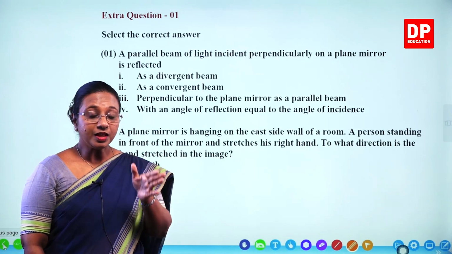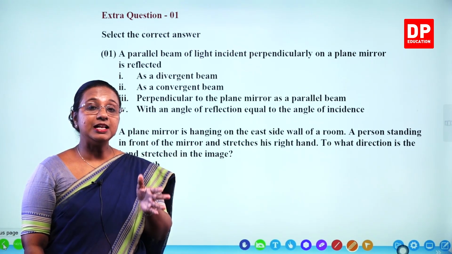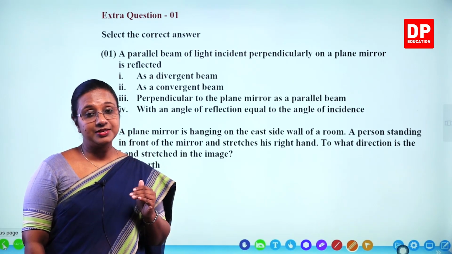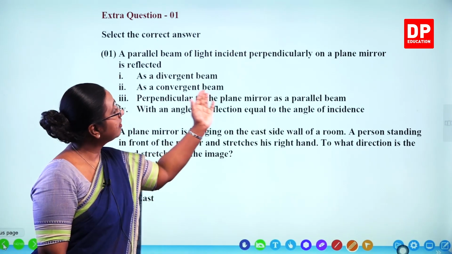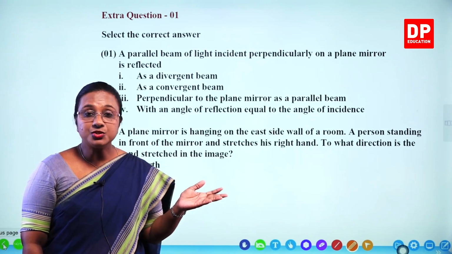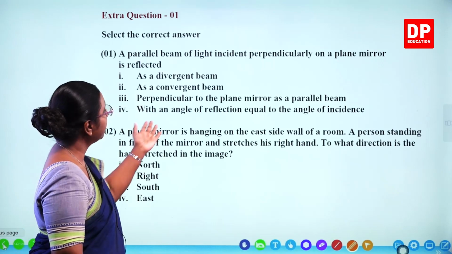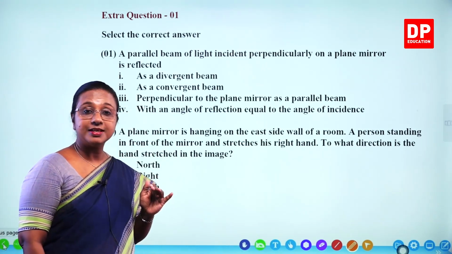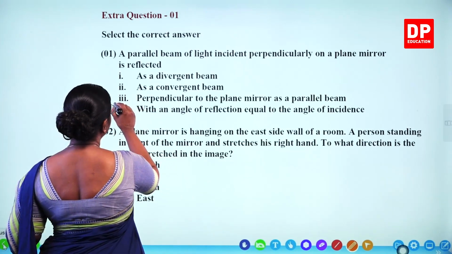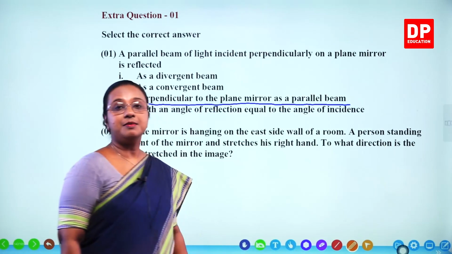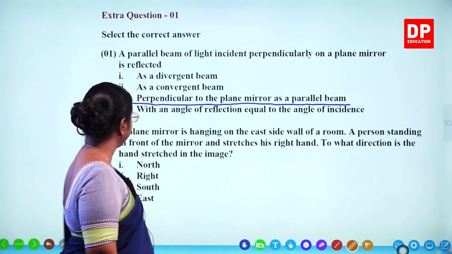Here, normally we have the angle between the normal and the incident ray. So here, the rays itself come along the normal. So there is no incident angle or angle of reflection. So the third answer is the correct one. Perpendicular to the plane mirror as a parallel beam in the same path.